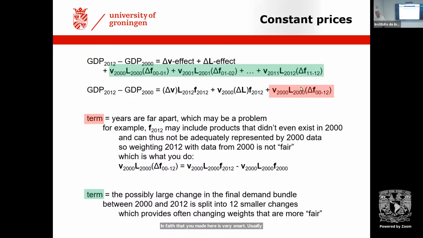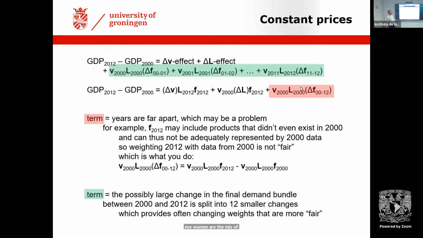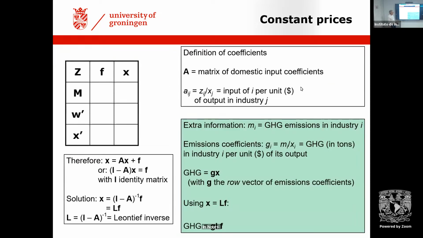And why? The easiest way to see that, and that is also the case when I think you must use constant prices, is when there is a mix of physical and monetary tables. So suppose in this case we have the employment in hours, then that would have been an issue. Or here, instead of employment, we now say we have greenhouse gases and indicate them with a G. G is the emission coefficient given the greenhouse gases in tons per dollar of output.